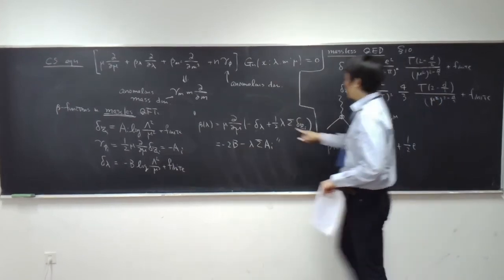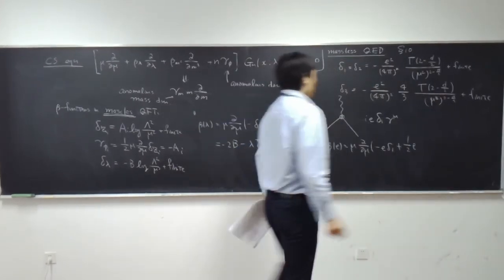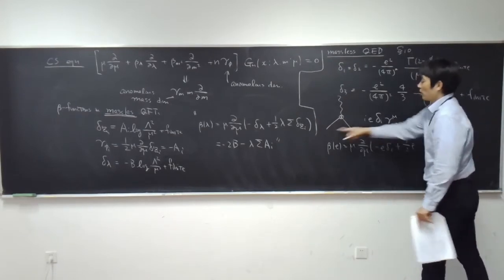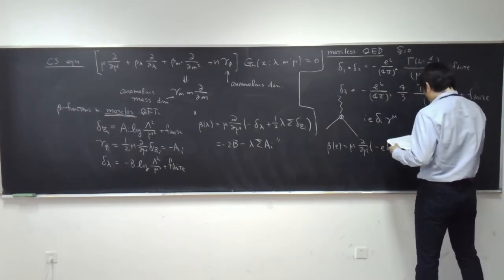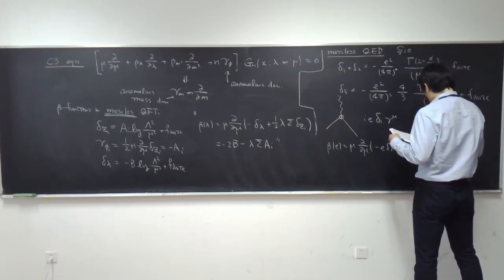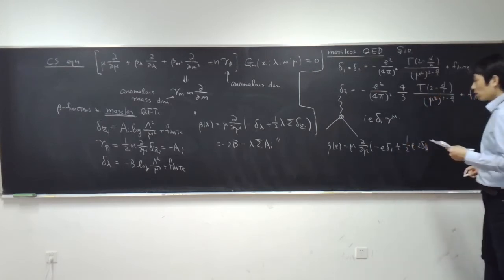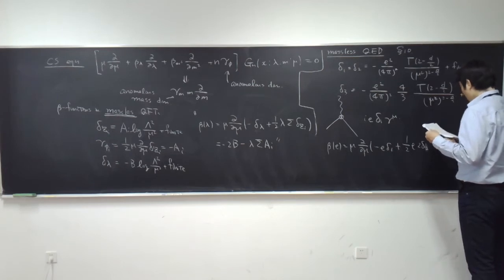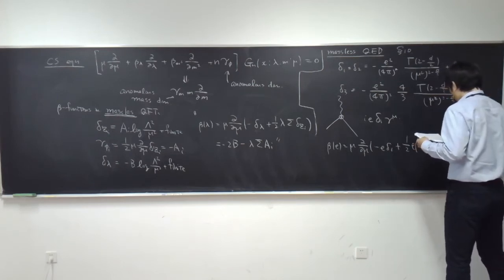Now lambda corresponds to e. You have two legs for the fermion, so 2 times delta 2, and also there's one photon, which will give you 1/2 e delta 3.